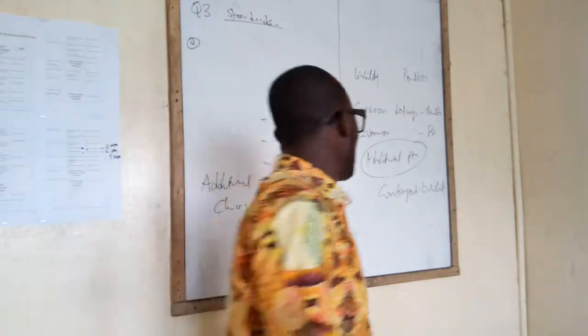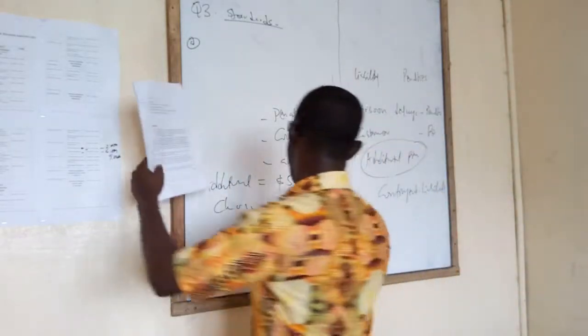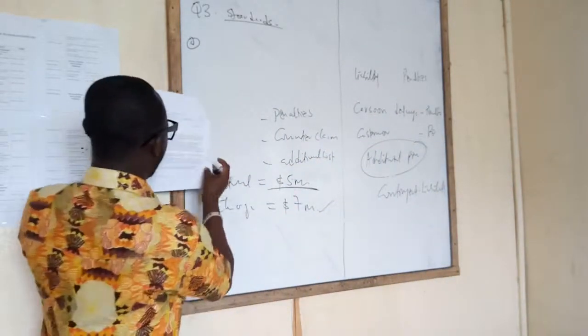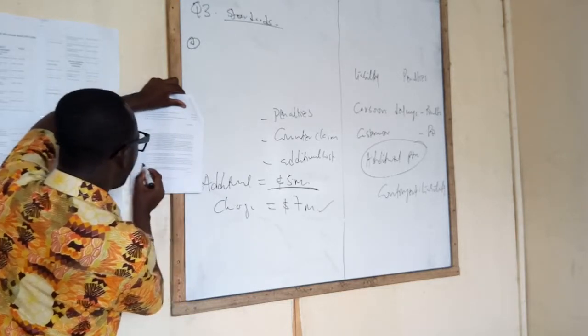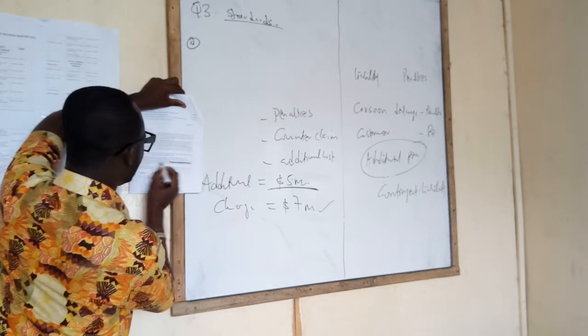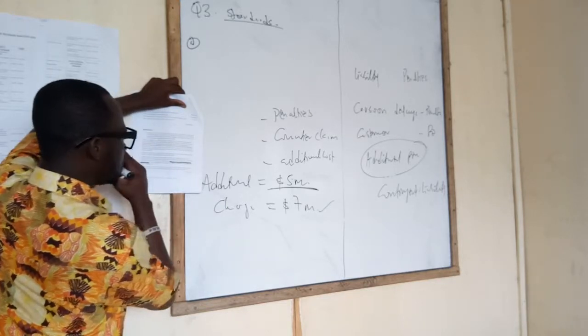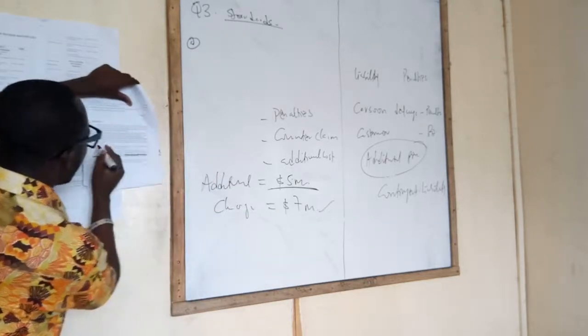How? So this is the additional cost they incur. Remember, we are told that this thing was completed during the current year. So there is also another item here.